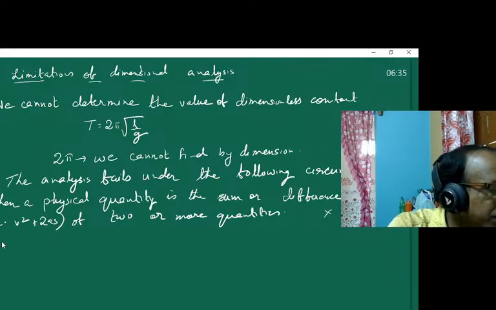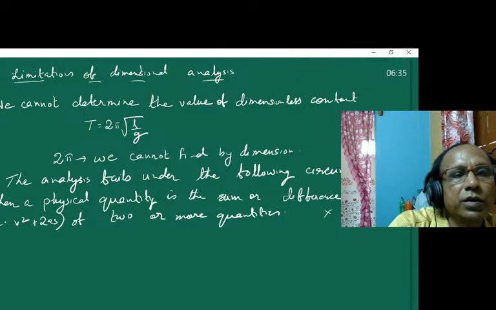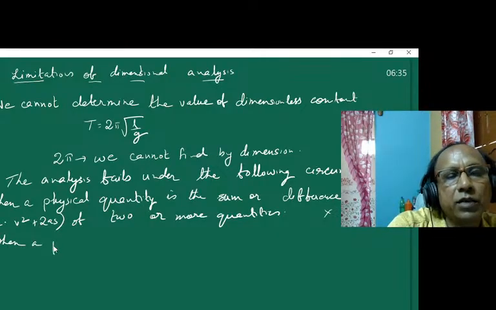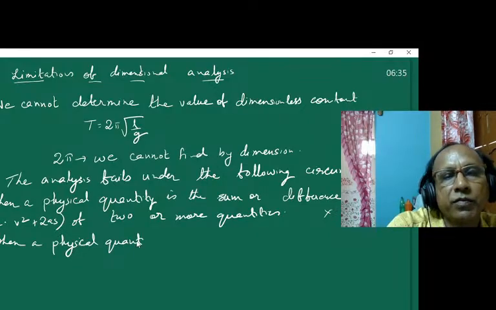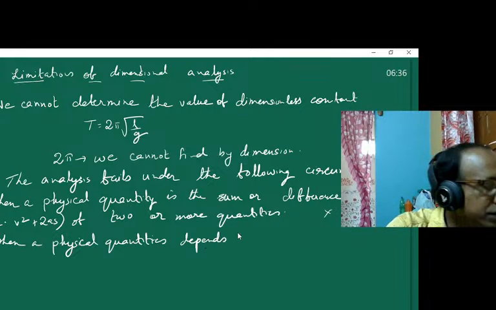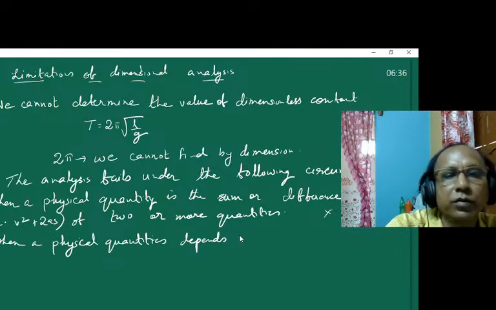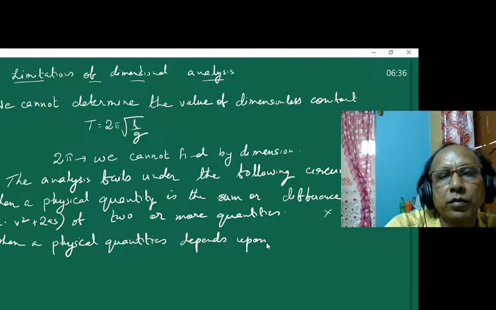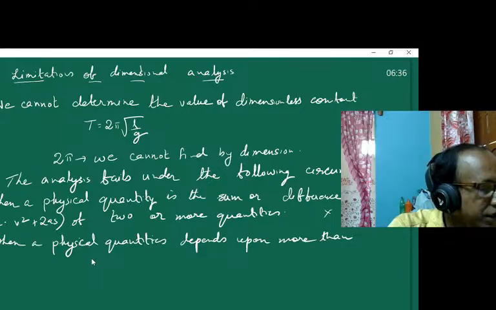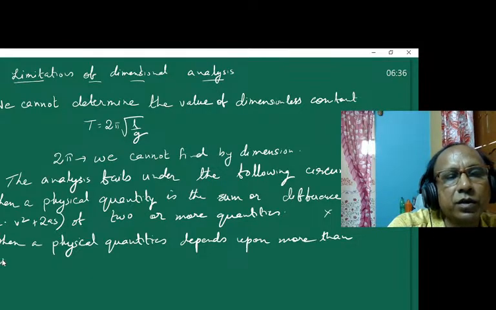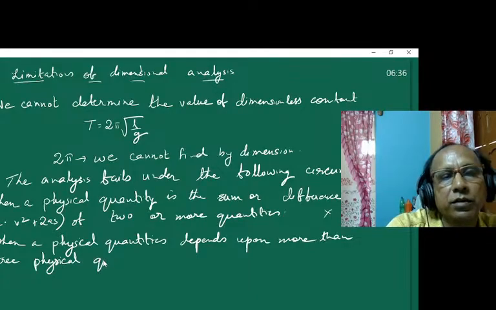Number two, there is another important thing: when a physical quantity depends upon more than three physical quantities, in this case also it fails.